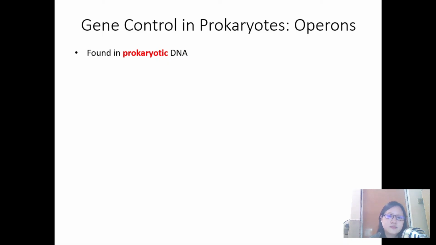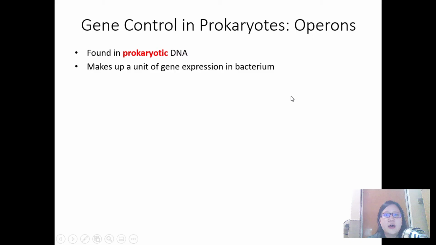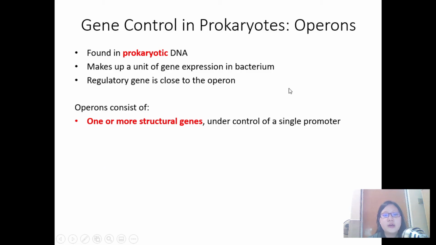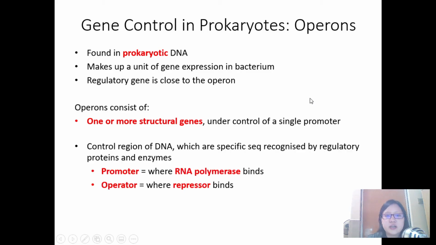So, operons, what are they? First of all, they're only found in prokaryotic DNA: bacteria, archaea. Operons make up a unit of gene expression. It consists of one or more structural genes under the control of a single promoter.